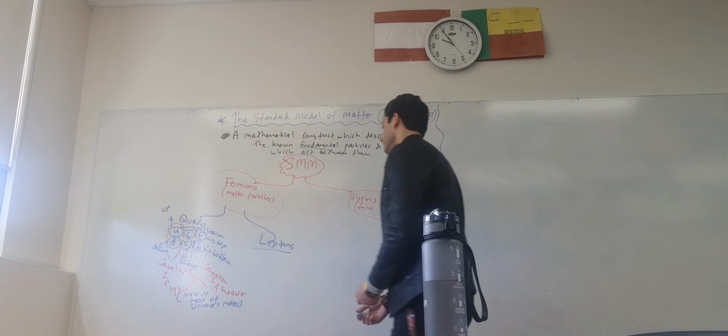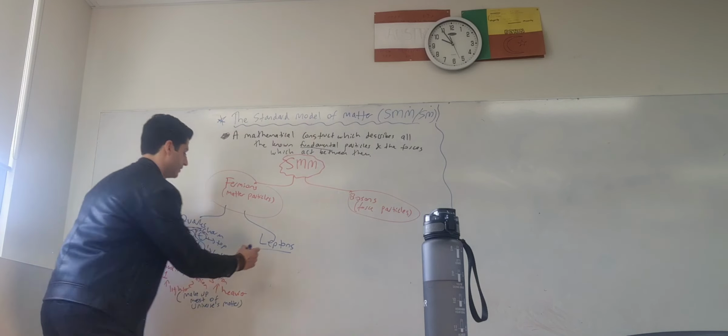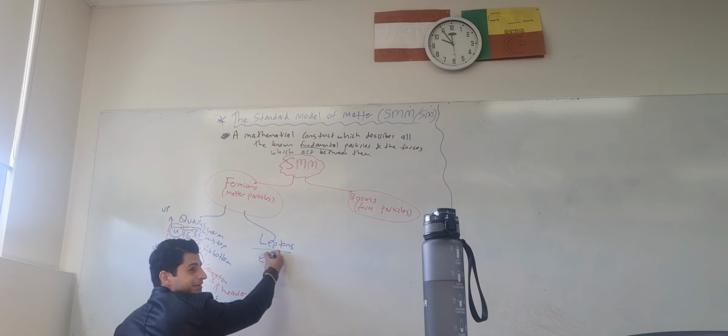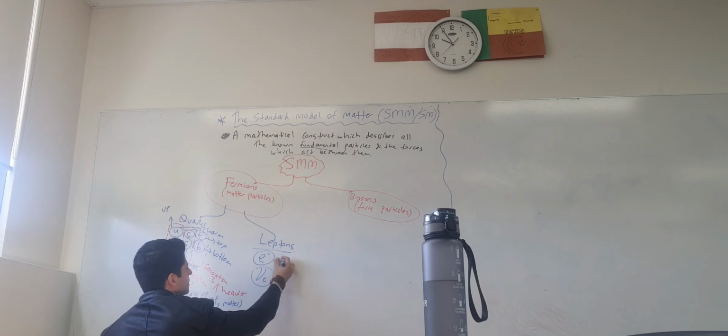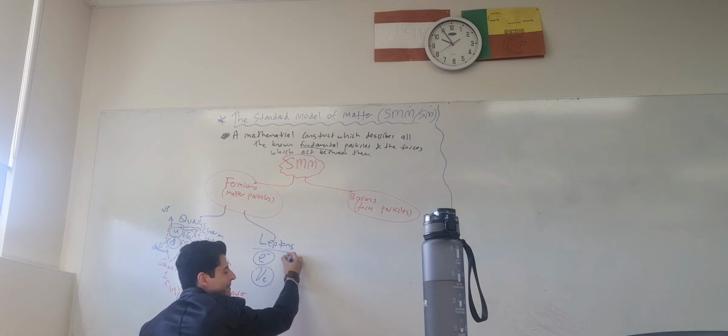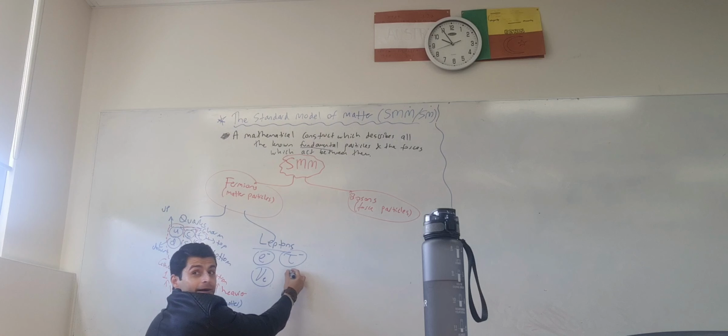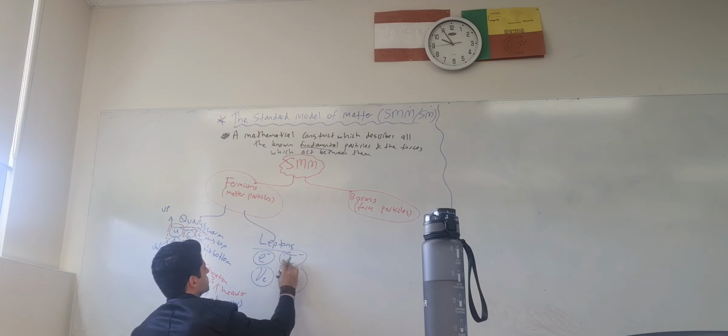All right, leptons, here we go. What are the 6 leptons? Electron, neutrino, yeah, well done. In order, muon.